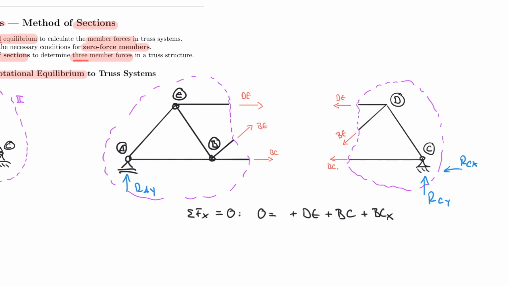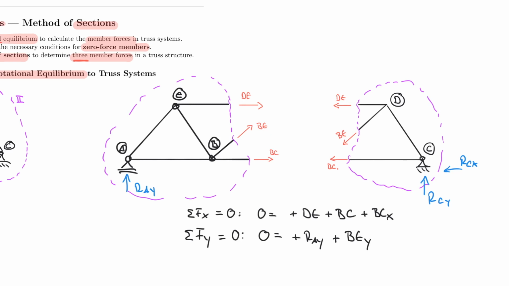Let's try the sum of the forces in the y direction being equal to 0, and again, I'm looking at this left cut here. Of course, it's true for the right side as well, but I'm looking at the left side. So 0 is equal to plus RAY, which usually would include a value. And then the only other thing that has a vertical component actually is BE. So we would say plus BEY.